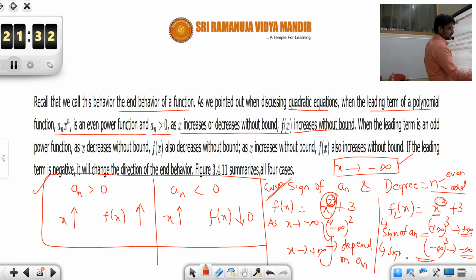Let's look at the same things in the graph. Suppose the polynomial is of even degree. Even degree means the leading terms are something like x square, x power 4, something like this. These are examples of even degree polynomials, that is, the degree is even.